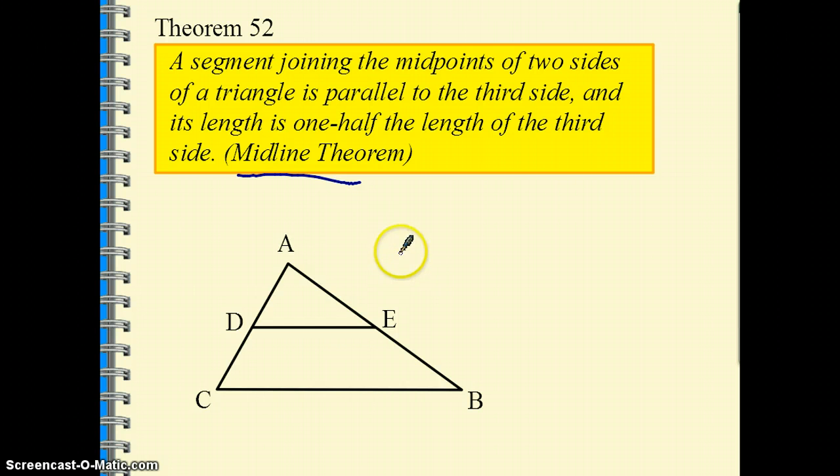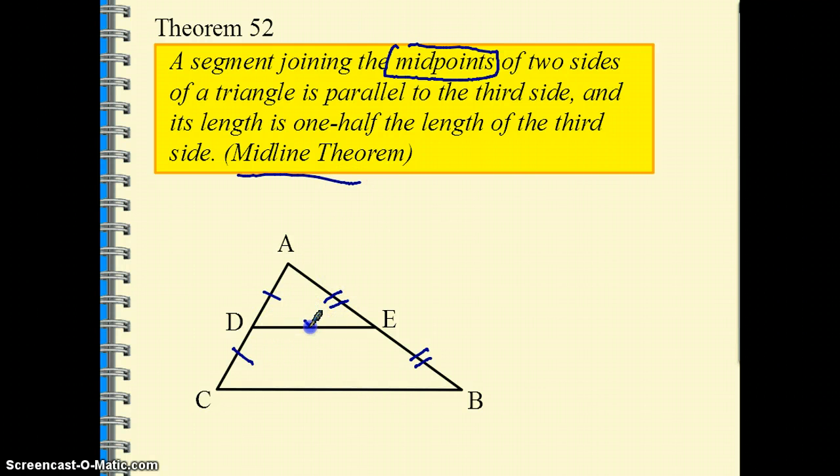But what's important here is that if we have a segment that joins the midpoints, so if I tell you that D is the midpoint of AC and E is the midpoint of AB, and we join those two midpoints, well, this is what's going to happen.